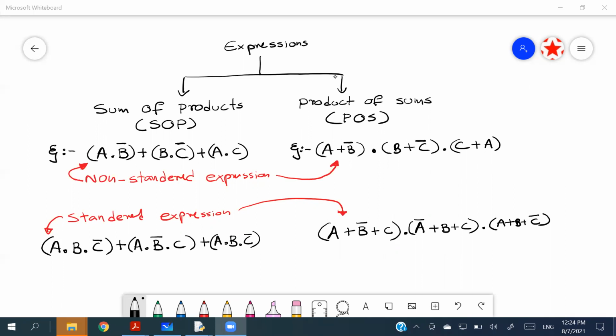Now, when we are given a particular non-standard expression, there are ways that we can convert it into a standard expression.